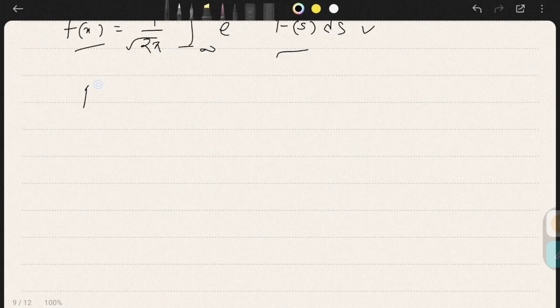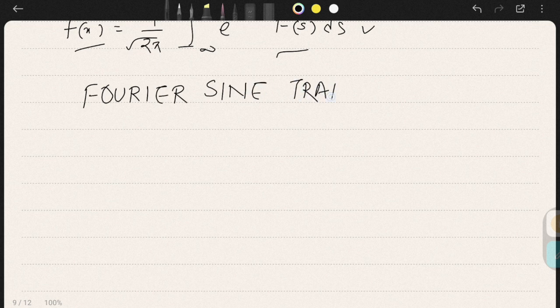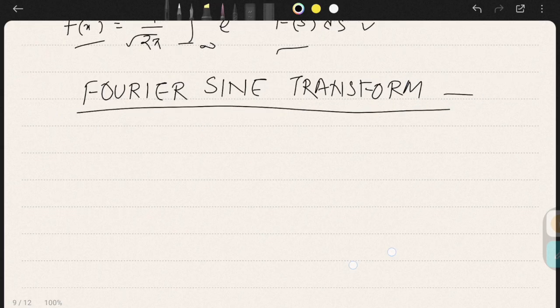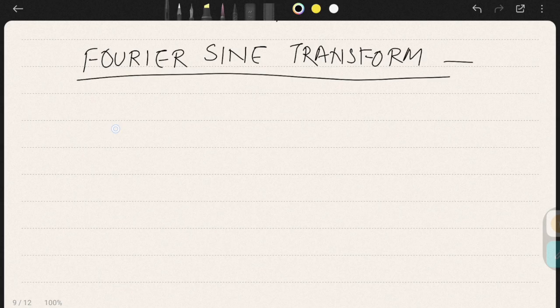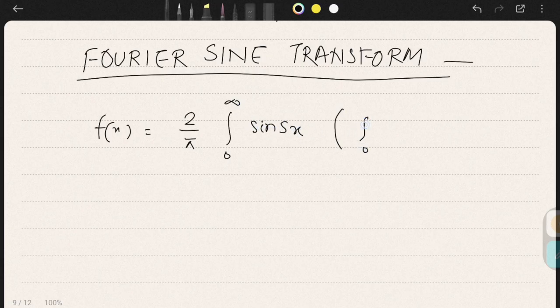Now let's study the Fourier sine transform. We know that we can also do it from the Fourier sine integral. What is the Fourier sine integral? This is the integral from 0 to infinity of sin sx, and so on. I already derived it in this video.